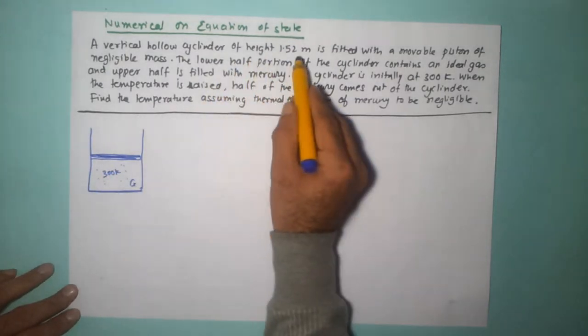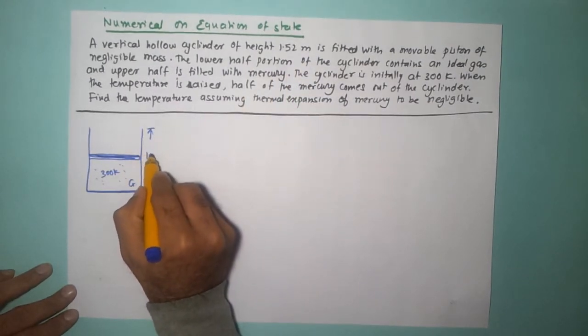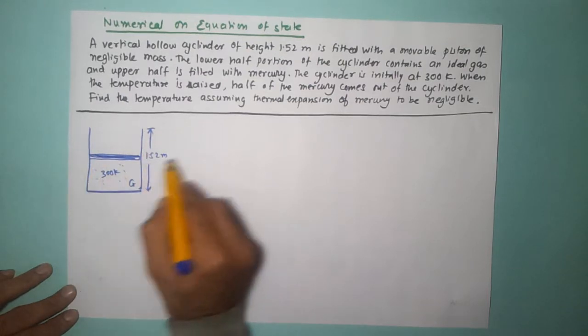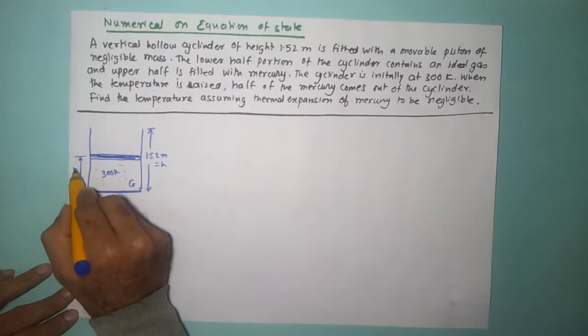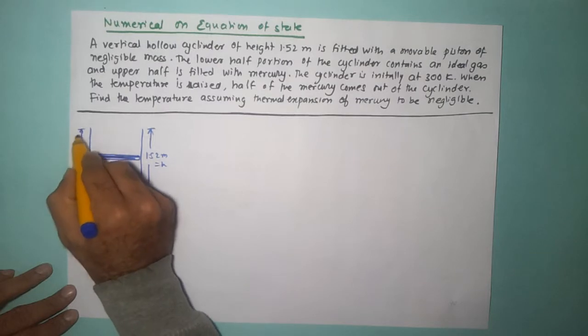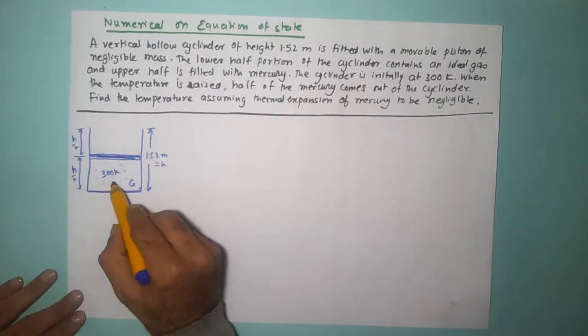The vertical cylinder is of height 1.52 meters, so this height is 1.52 meters. If I call this h, this height is h by 2, and this height will also be h by 2. The lower portion of the cylinder contains an ideal gas. This is the ideal gas.